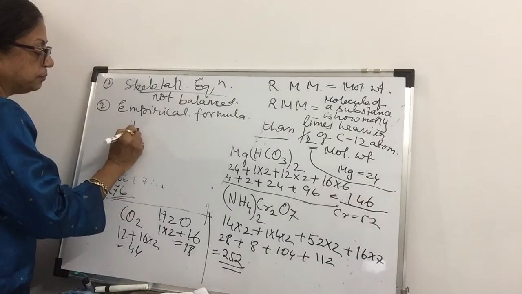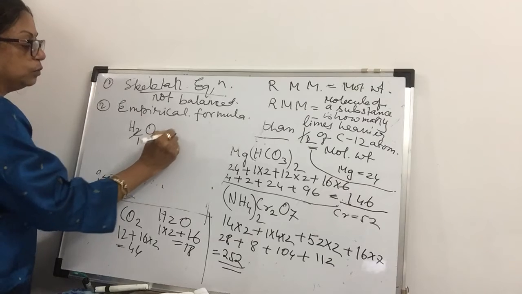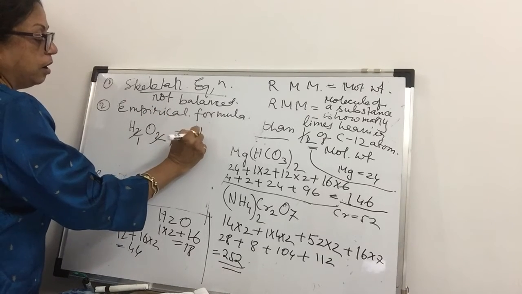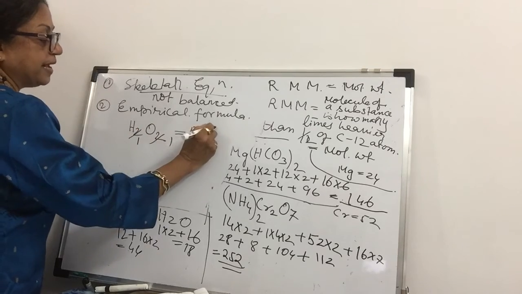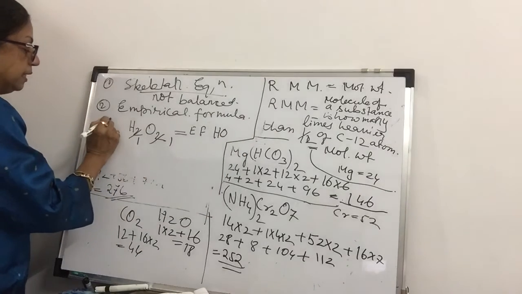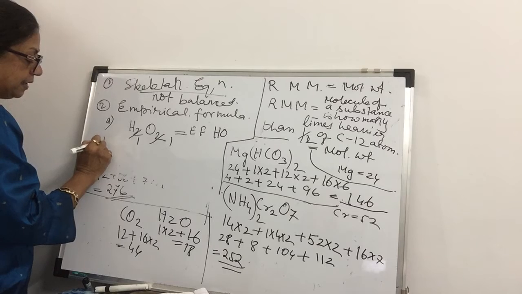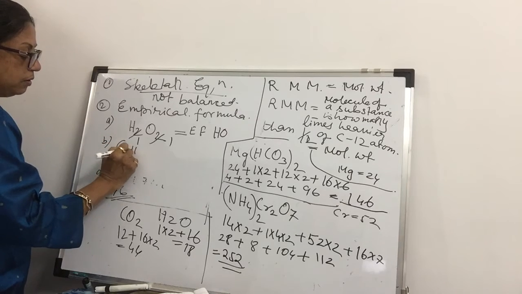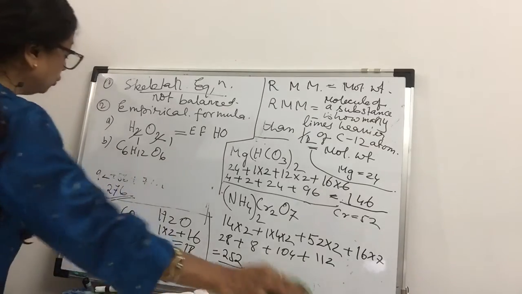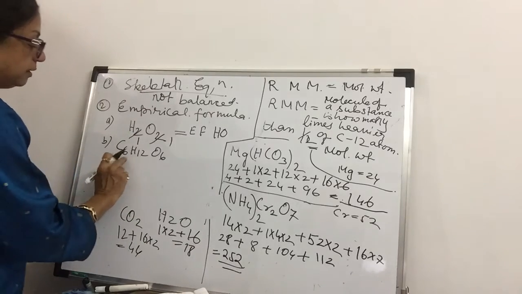Suppose I take hydrogen peroxide, H2O2. 2 ones are 2, 2 ones are 2. The empirical formula of hydrogen peroxide will be HO. Are you getting me? This is one. Then if I take C6H12O6, how will you find the empirical formula of this compound?